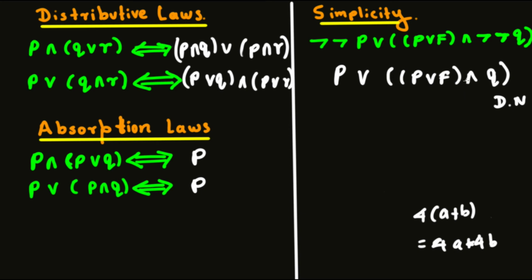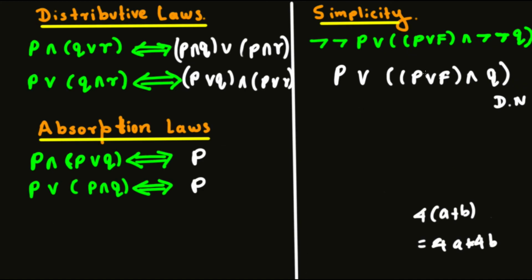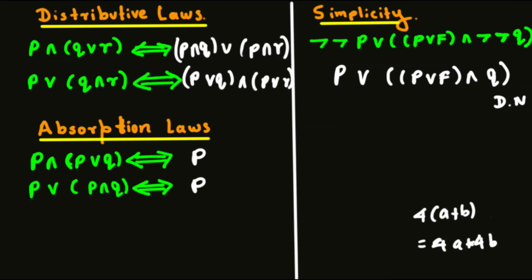So for this one, let's try identity law. Let's go ahead and take a look at that. Identity law says P or F is equal to P, and P and true is equal to P. Both of them are P, right? So let's look at this one. P or F is equal to P. So we can replace that one with P. So we get P or (P and Q).